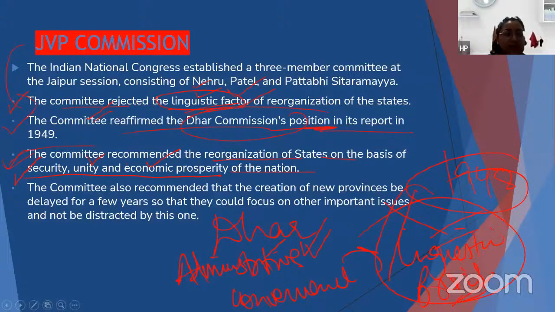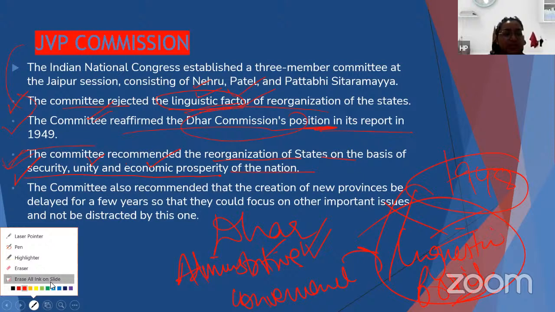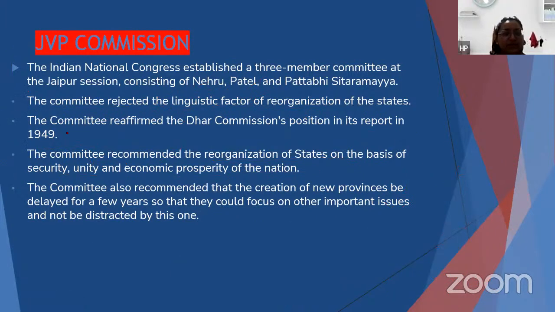So it also reaffirmed the Dhar Commission's position in its report in 1949. Now the committee also recommended that the creation of new provinces be delayed for a few years.